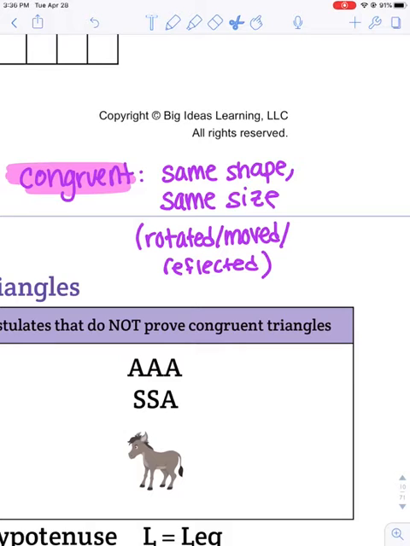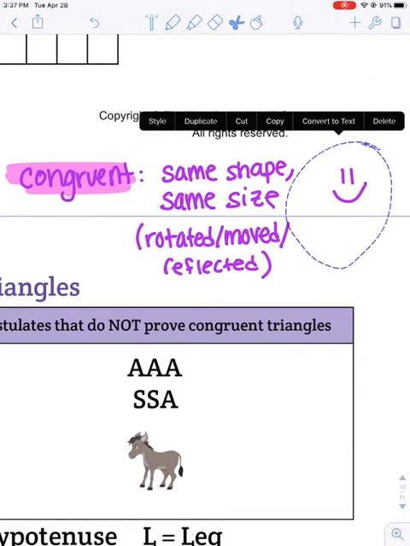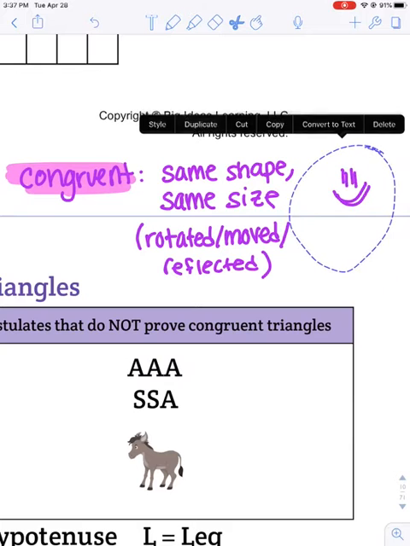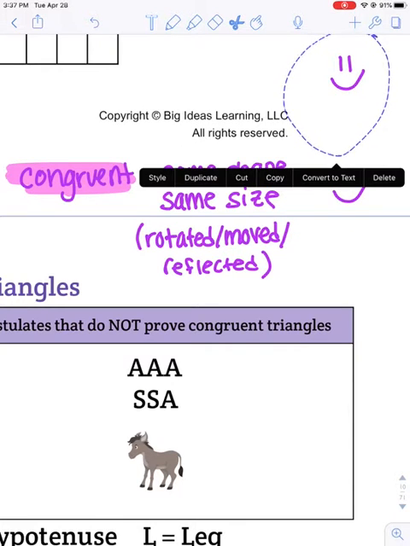Today, what we're going to be talking about, and we're going to spend a lot of time practicing this, is congruent. So congruent means same shape and the same size. However, maybe it was rotated or moved or reflected. Now, it'll be hard for me to keep it exactly the same in my example, but pretend I'm not stretching it out at all. So here you have this original shape, and maybe you just bring it down here.